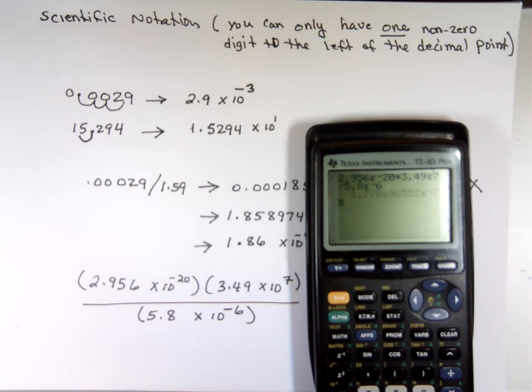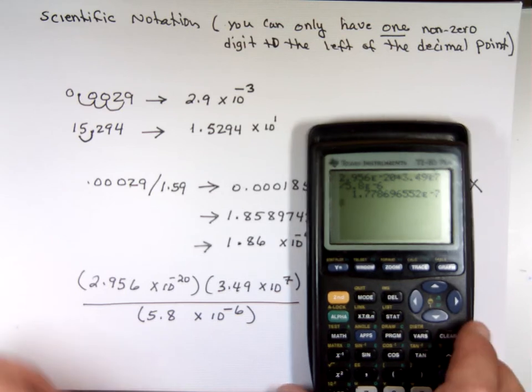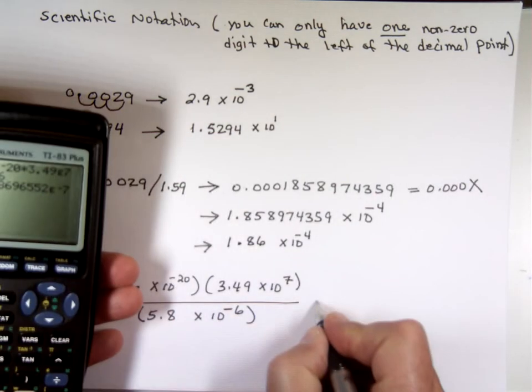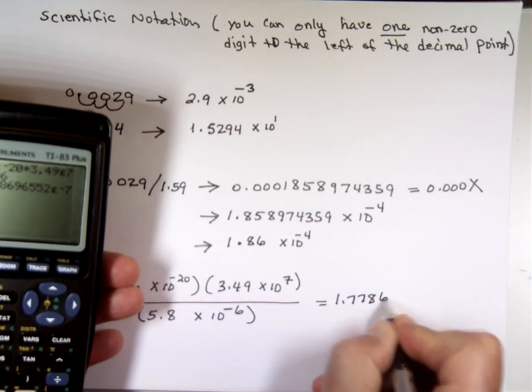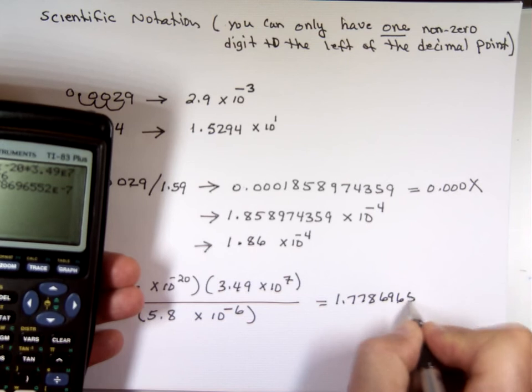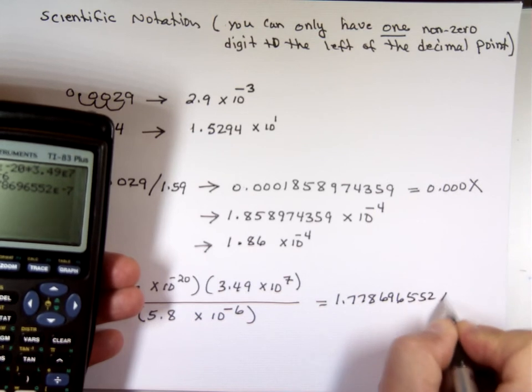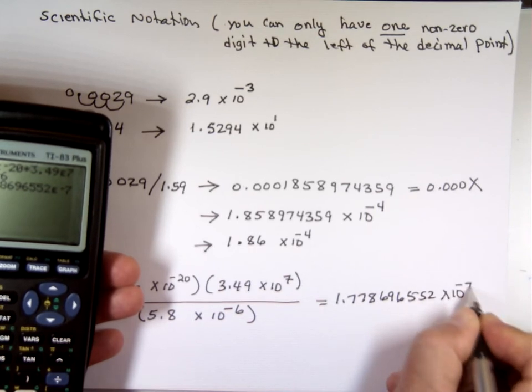If I hit enter, here's my calculator, it gives me the answer. It's 1.7786965552 times 10 to the -7.